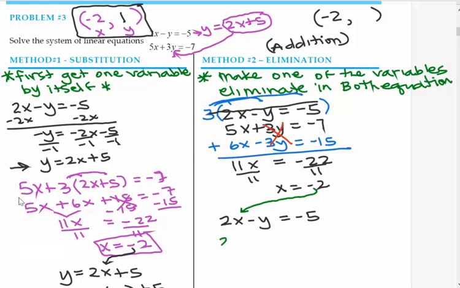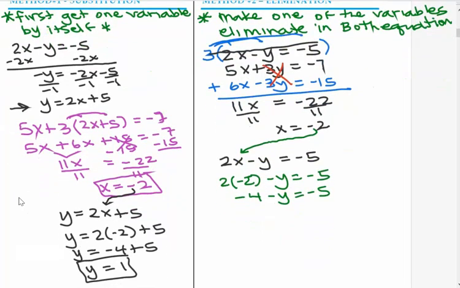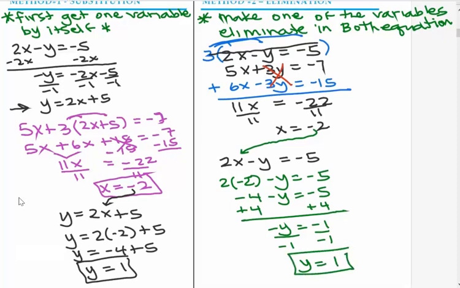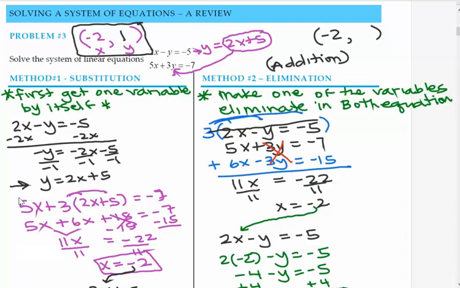So I'll have 2 times negative 2 minus y equals negative 5. I get negative 4 minus y equals negative 5. Let's add that 4 over. I get negative y equals negative 1. And then my last step is I need to divide by negative 1. So y equals positive 1. And so that's what I get for my other one.